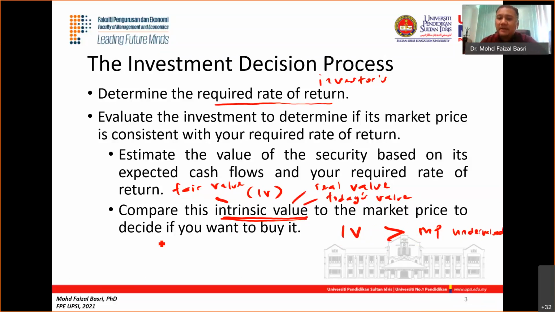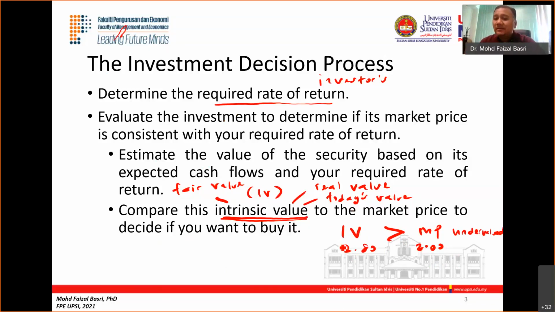For example, currently one stock is selling at 2 ringgit per share. When you do the analysis, we have some calculations to do in order to find the IV. Let's say you found out that the intrinsic value is 2 ringgit 80 cents.